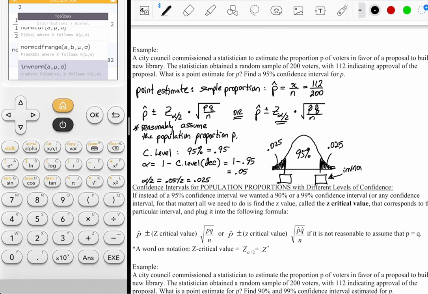So inverse norm. And because we're working with a standard normal distribution, you could really just put in the 0.025, 0, 1, and not really worry about anything else, right?